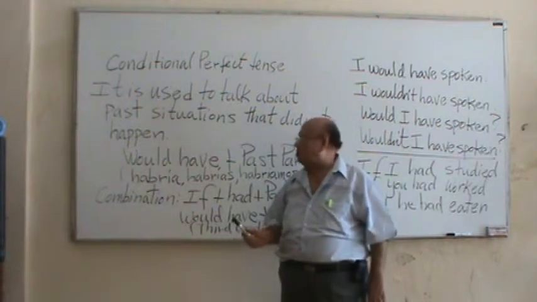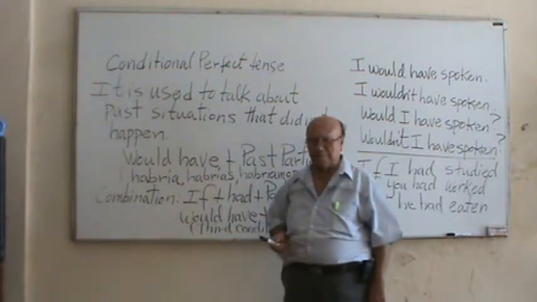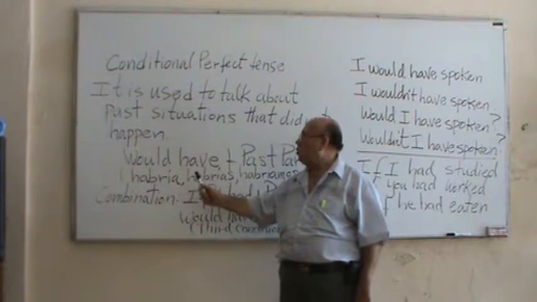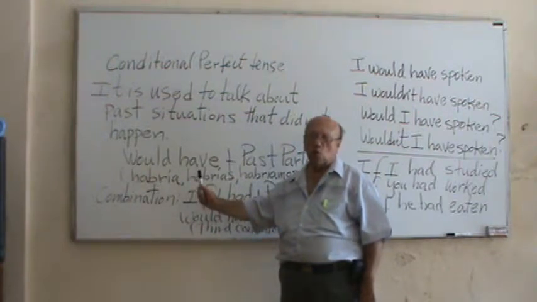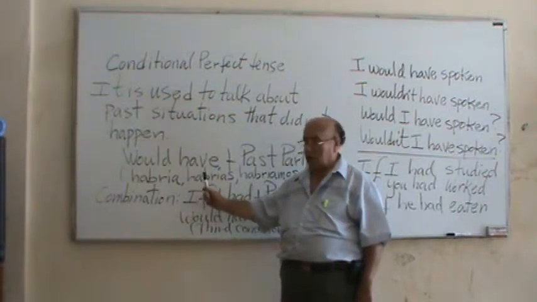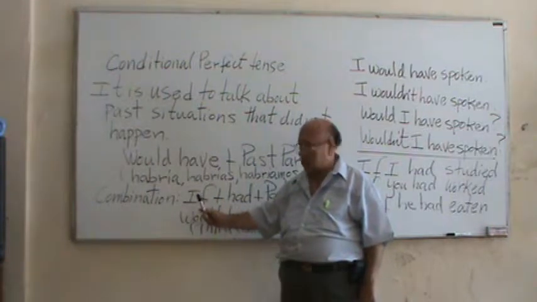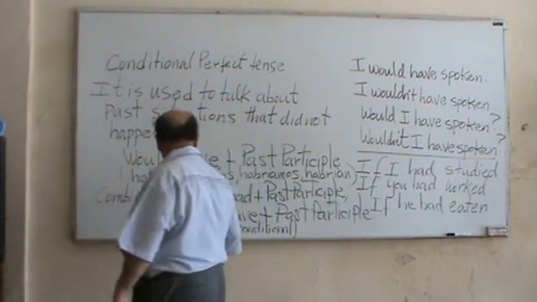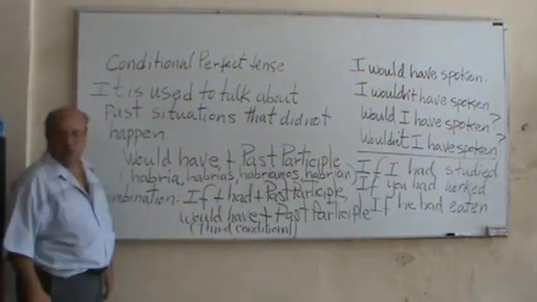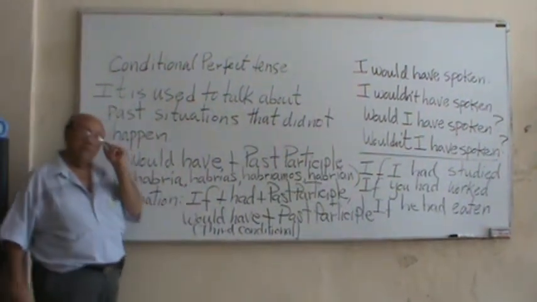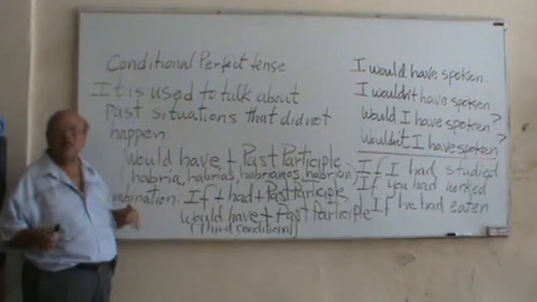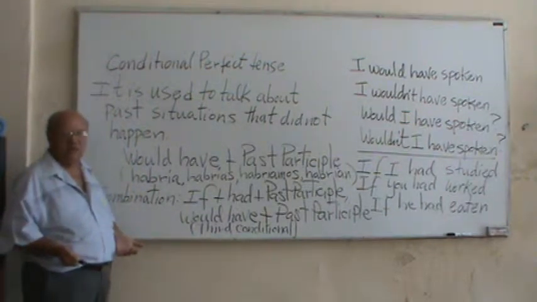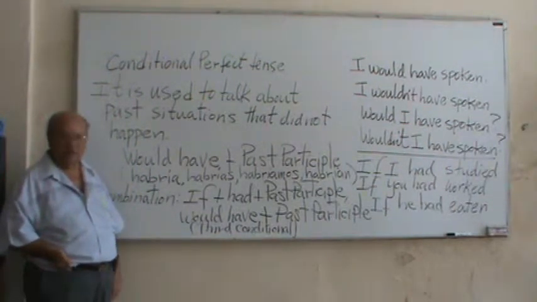When we pronounce very quickly, we say would've. Would've. Okay? And that translation is habría, habrías, habríamos, habría, depending on the subject that we use in English.